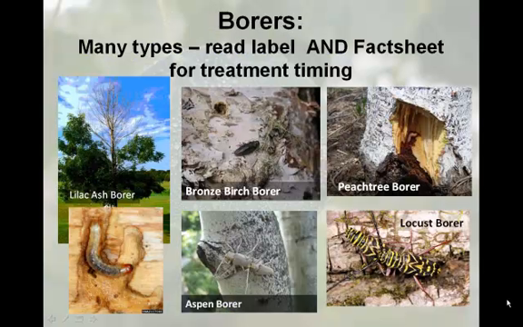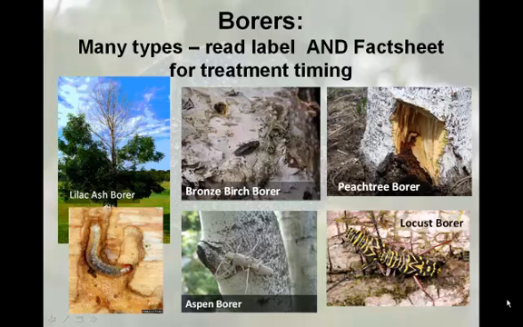Borers are another one. When I worked at the nursery, I was asked to recommend a borer insecticide a lot. I just wanted to point out that there are a lot of different types of borers, and they're active at different times.